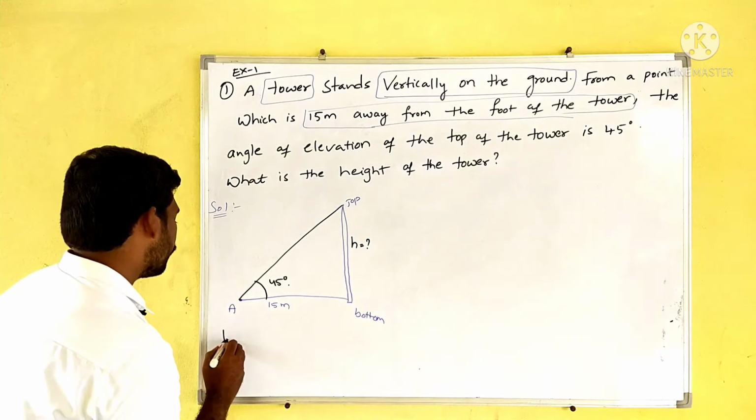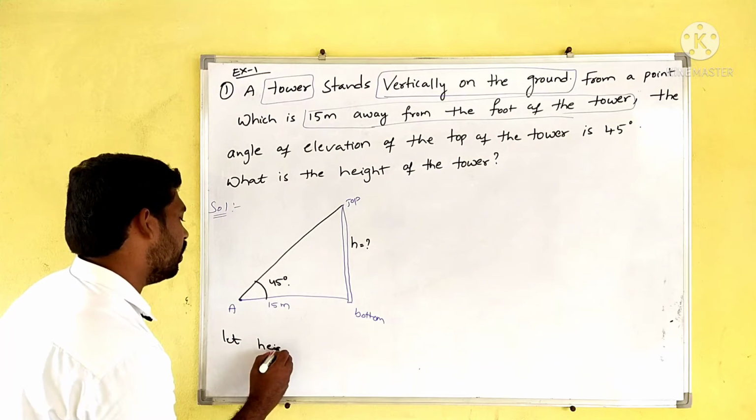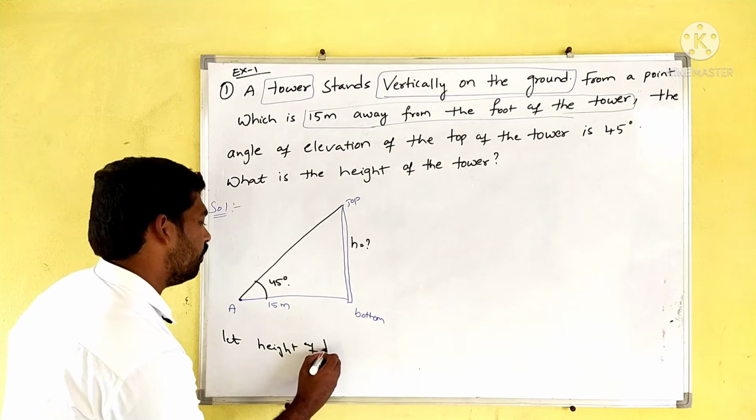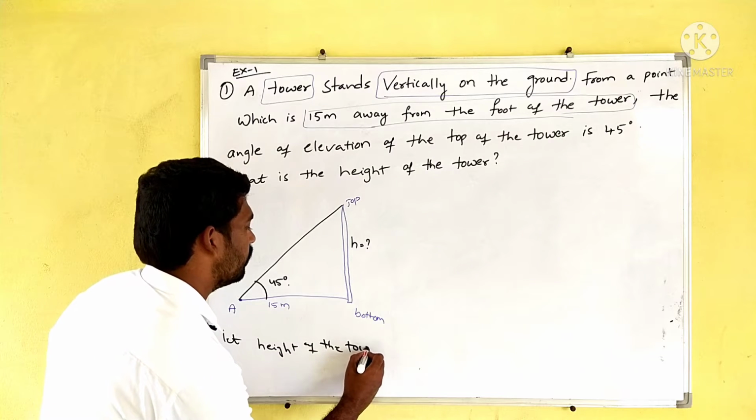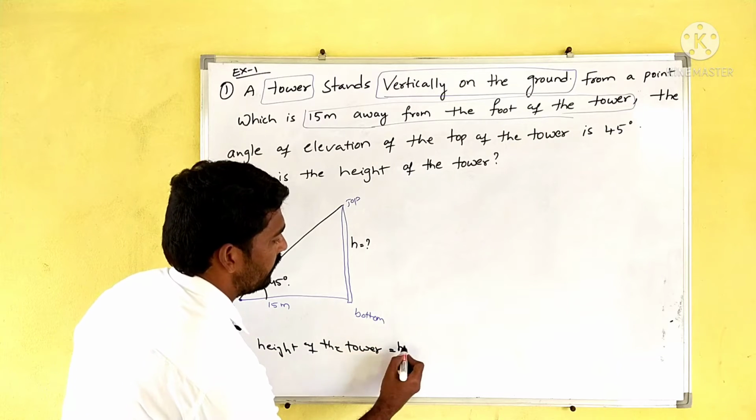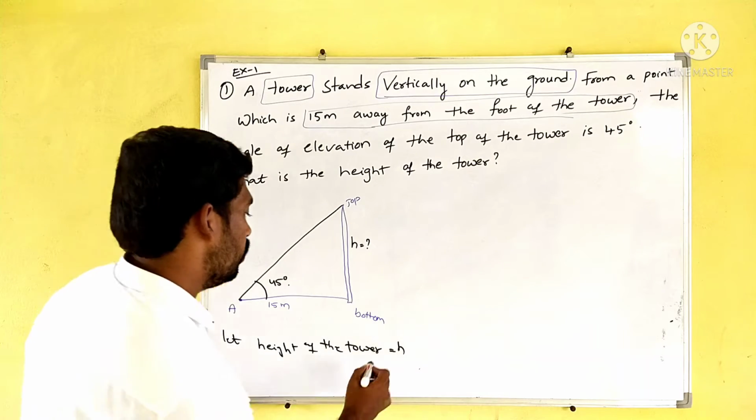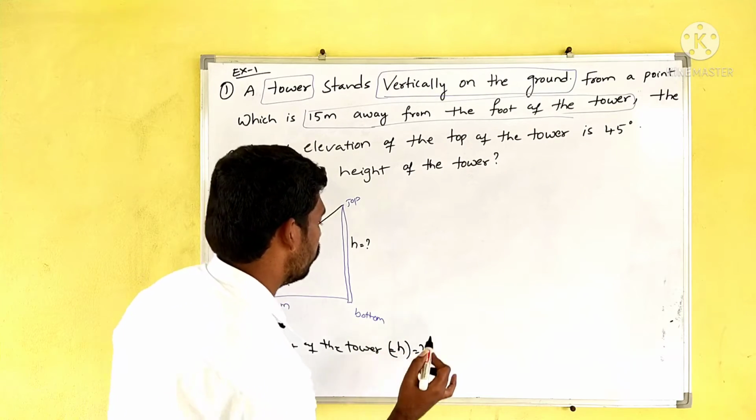Let the height of the tower equal h. We don't know the h value, h equals question mark.